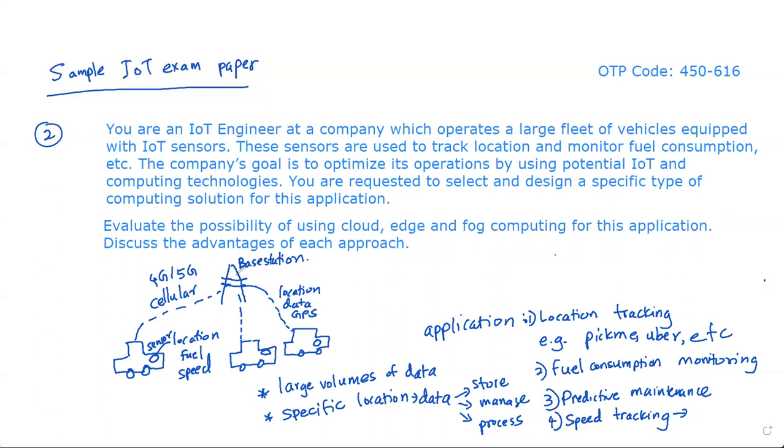So you are asked to evaluate whether we can use cloud computing, edge computing, or fog computing, or just study whether it's possible to use these three types of computing, and what is the best computing method that we can use for this application. So let's assume that we are choosing the application location tracking for this scenario.